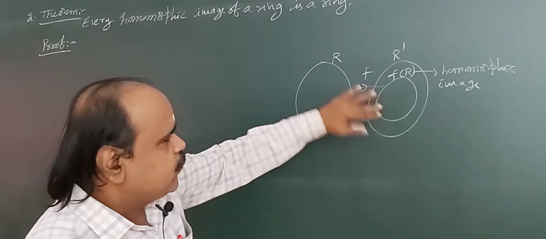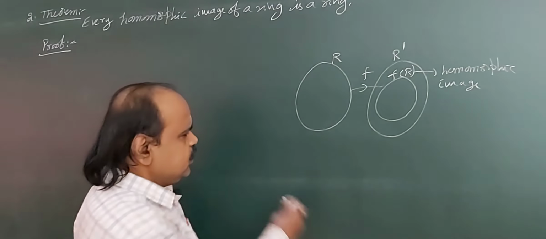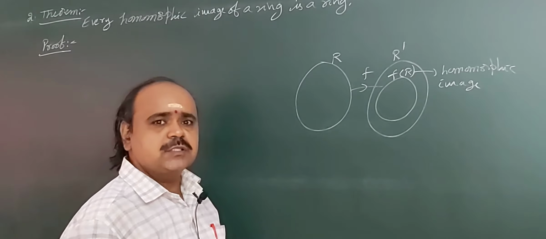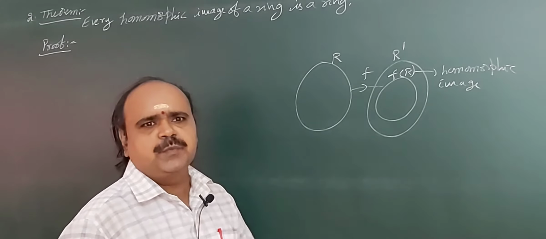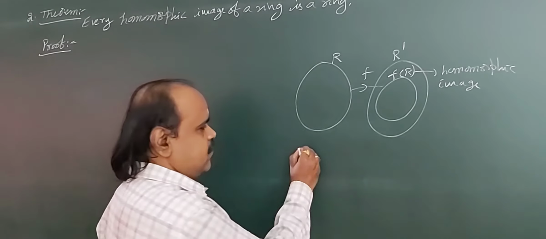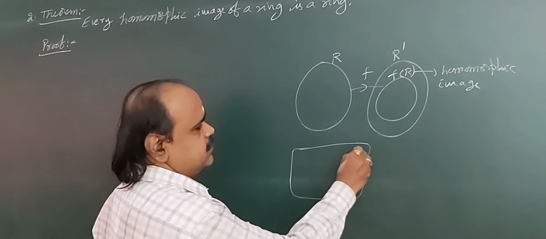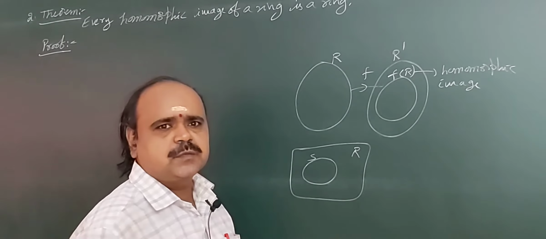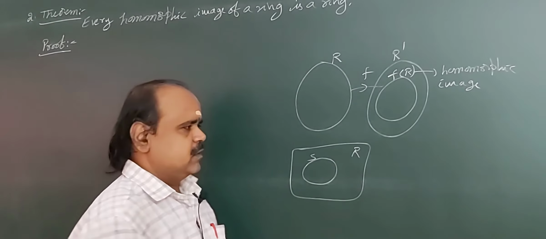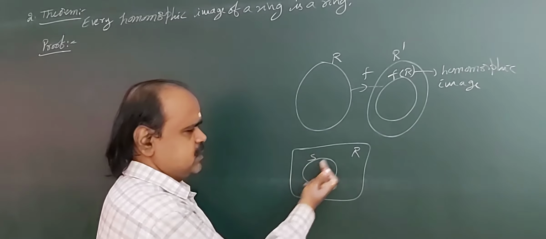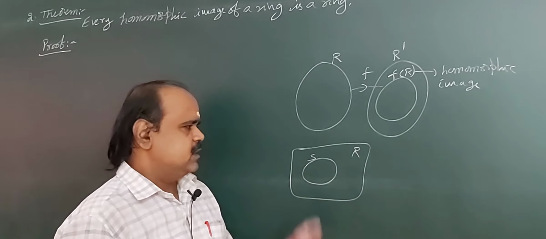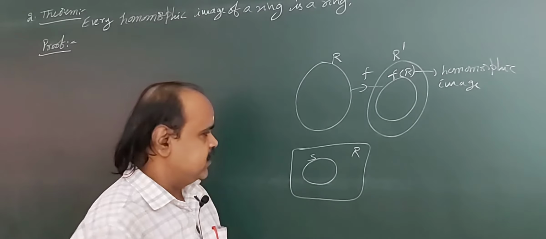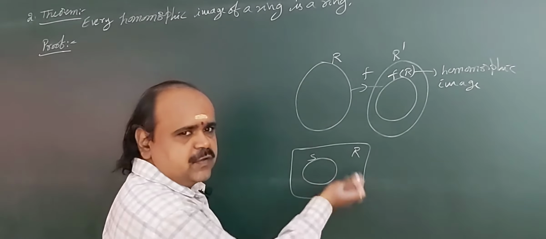Before going to that, we just recall about subring. What is a subring? For example, if capital R is a ring and suppose capital S is a non-empty subset of capital R. Here, S is called a subring when S is itself a ring.